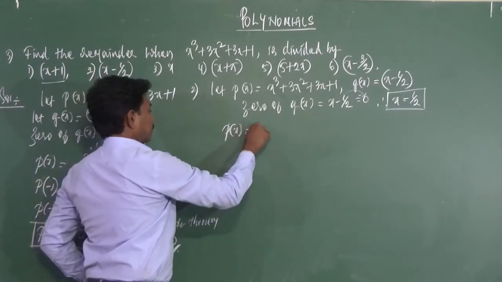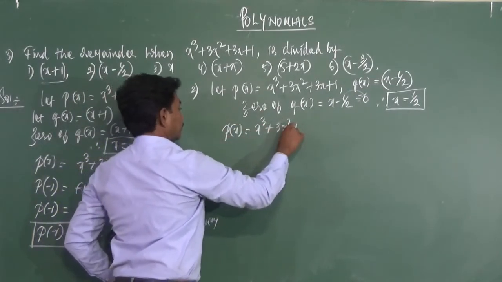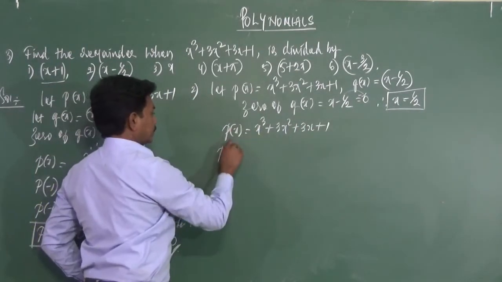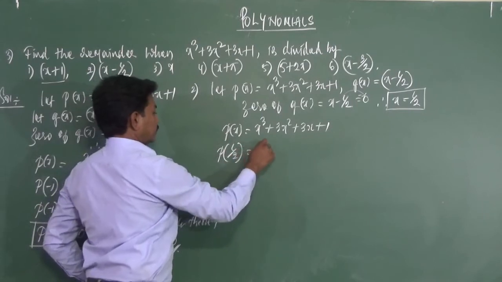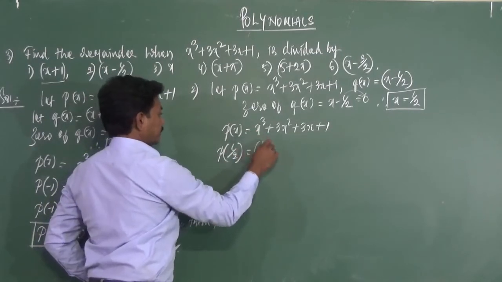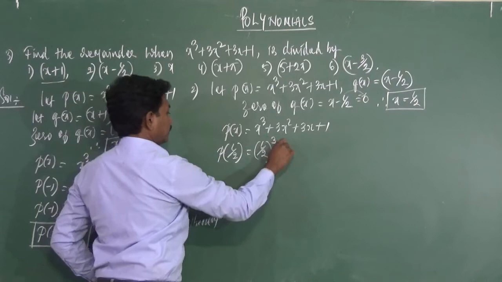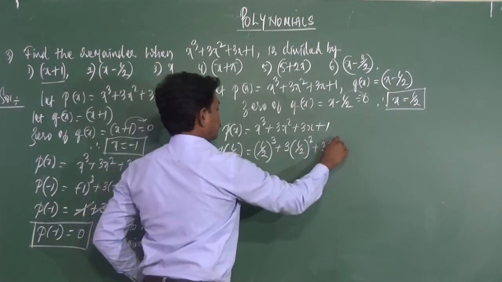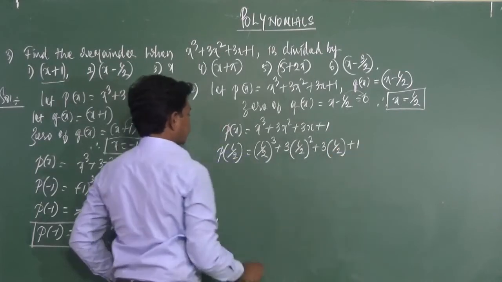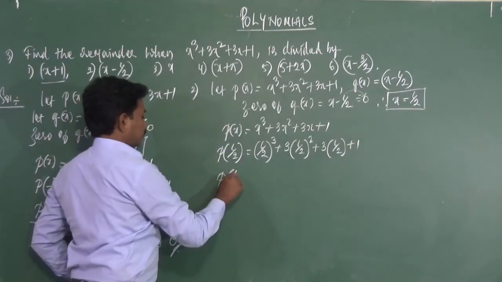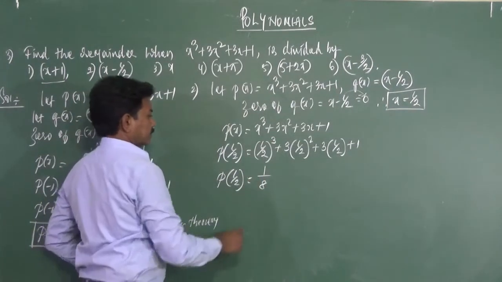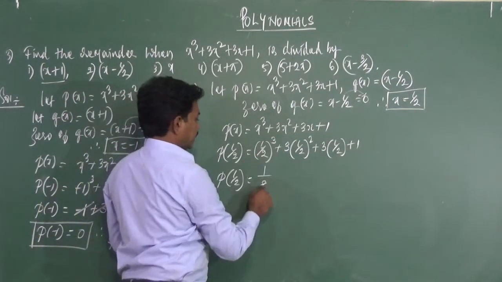Okay. So let us take up the polynomial p of x is equal to x cube plus 3x square plus 3x plus 1. So p of 1 by 2: instead of x we substitute 1 by 2 whole cube plus 3 into 1 by 2 whole square plus 3 into 1 by 2 plus 1. So p of 1 by 2 is equal to 1 by 2 whole cube, which is 1 by 8, since 1 cube is 1 and 2 cube is 8.